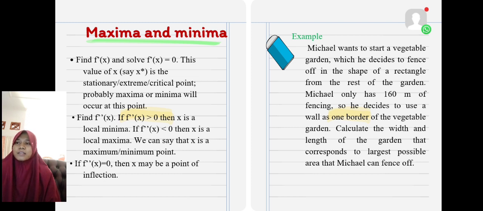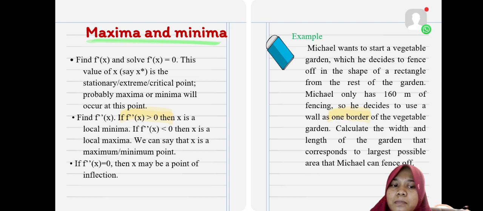Find f''(x). If f''(x) is more than 0, then x is a local minima.